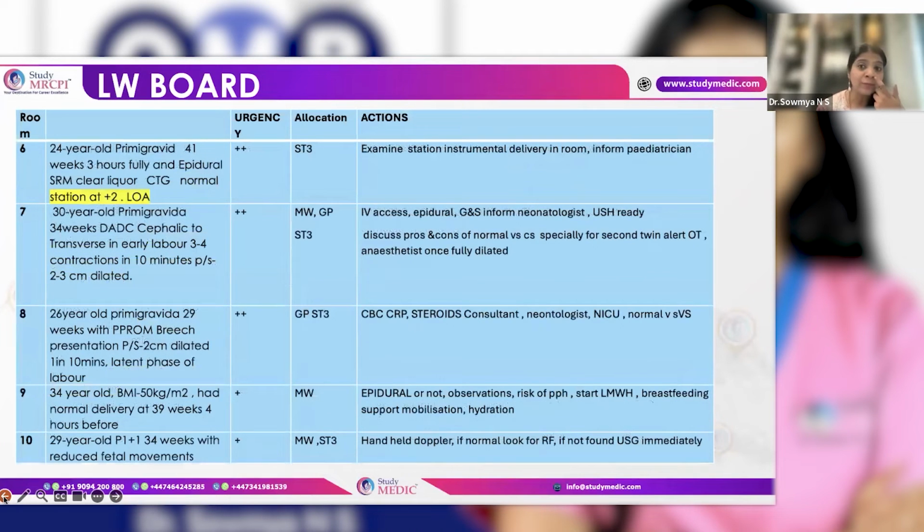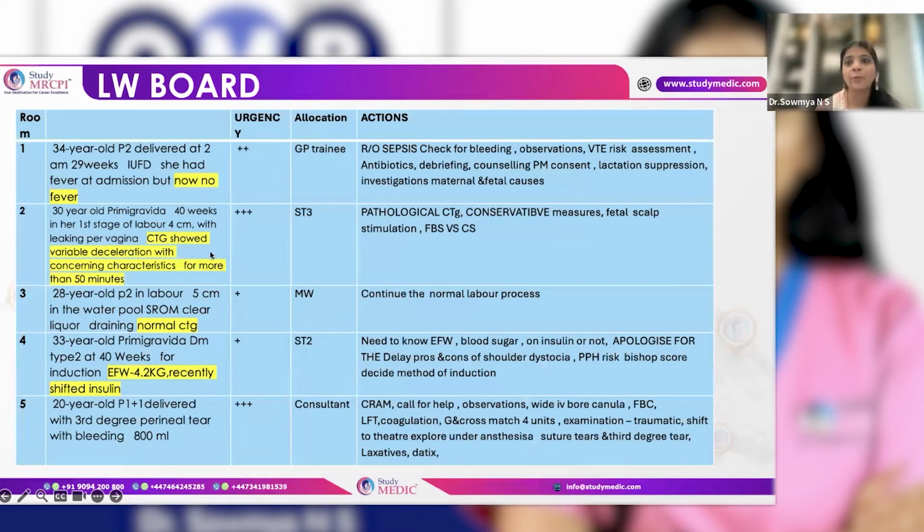The main point with all the cases is, like here, I think Aisha mentioned it was normal. So it could be other cases, so let's do room-wise. No fever, sepsis, look for the risk factors, debriefing and postpartum consent, whatever. If in room number 2 it was mentioned that there was variable decelerations, for example, Aisha mentioned to me the CTG was normal.